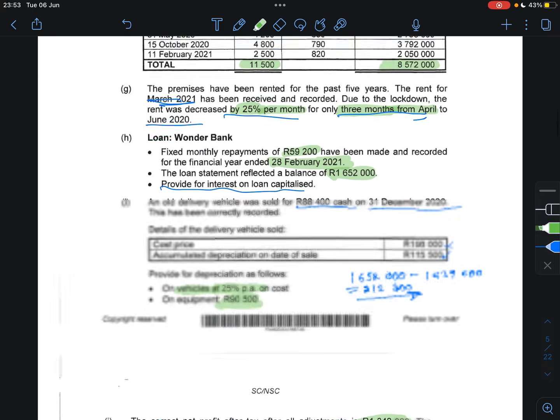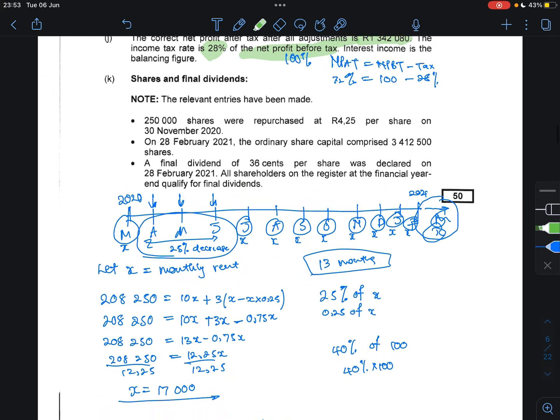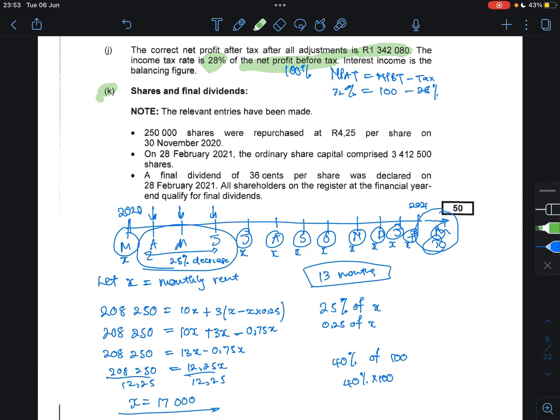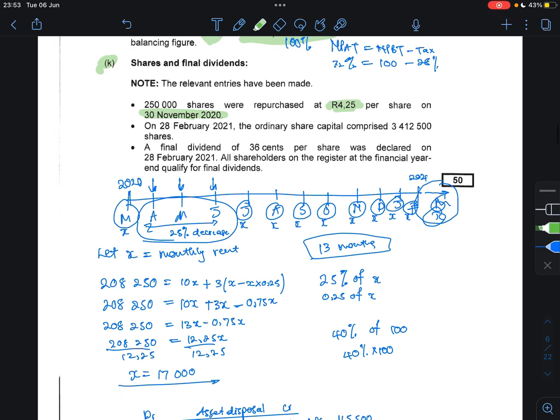Okay, so we are given information here, information K. All right. So note the relevant entries have all been made. Okay. 250 shares were repurchased at 4 Rand 25 per share on 30 November 2020. Okay. And then bullet number 2 says on 28 February 2021, the ordinary share capital comprised of 3,412,500 shares.